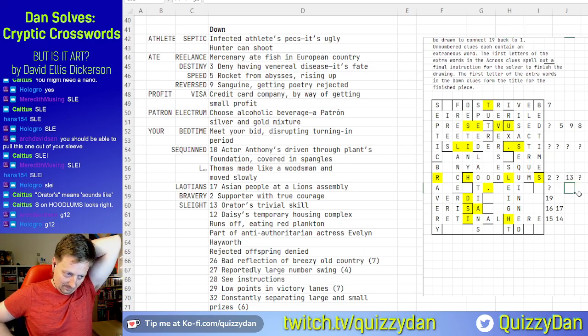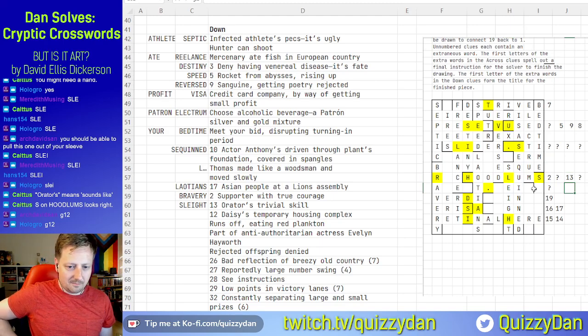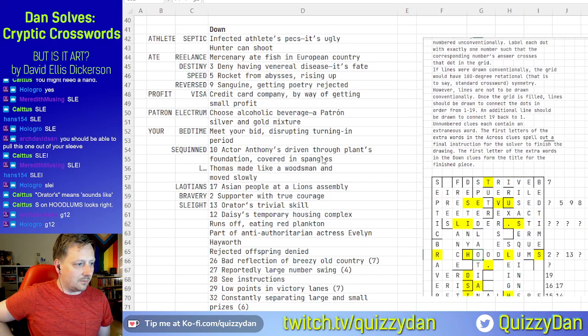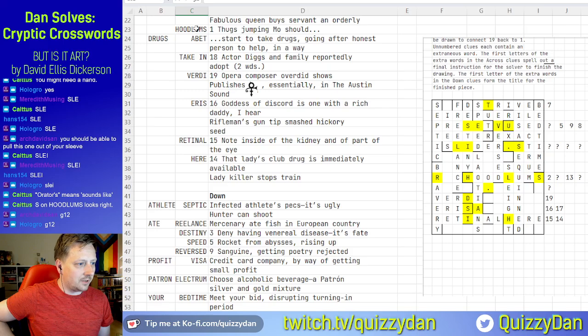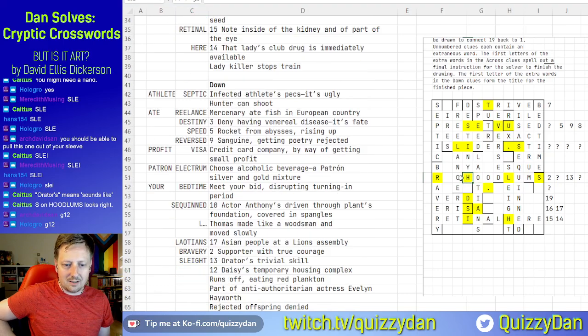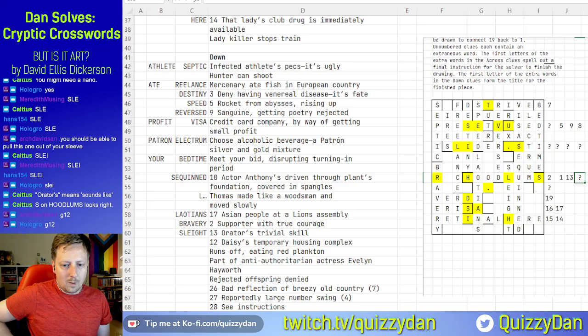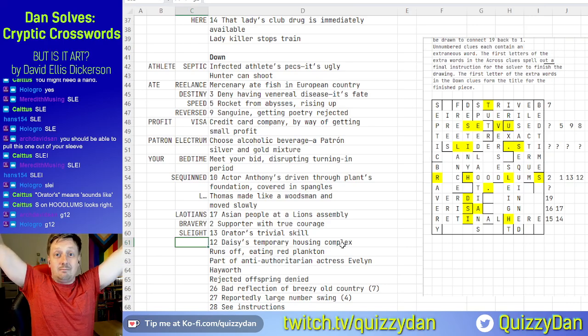So we can start to piece that in. Hoodlums. Oh, that has to be the H of hoodlums. So if I look at hoodlums, that's number 1. So this needs to be 1. And so this is number 12. There we go. Daisy's temporary housing complex. Got it!